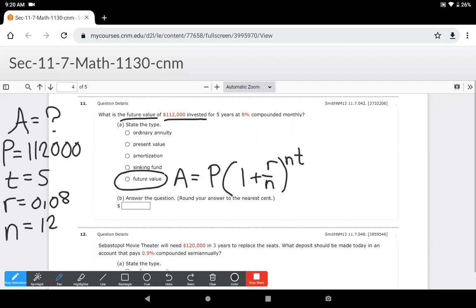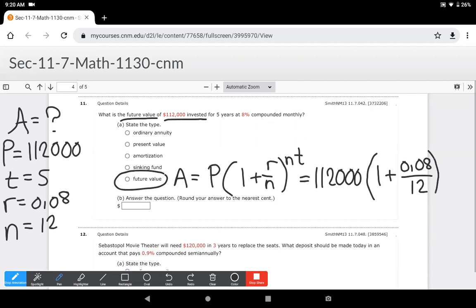That's like refreshing at this point, right? This is the original future value using compounding interest formula that we used, right? It's like the one from 11.1. So 0.08 divided by 12.